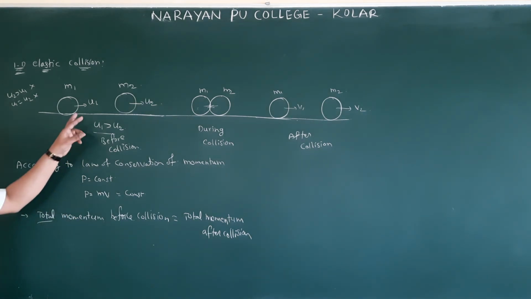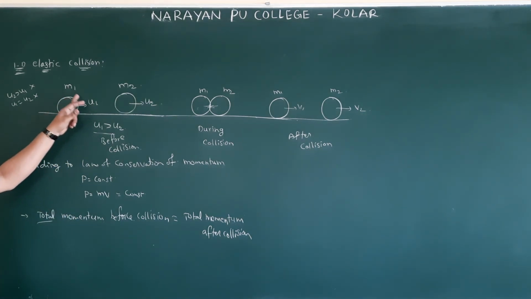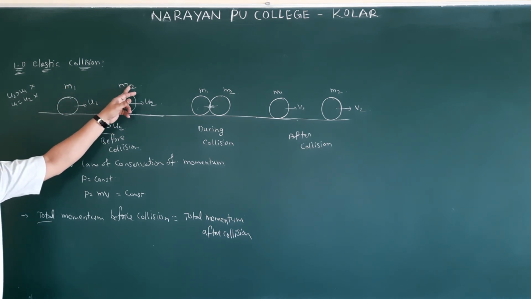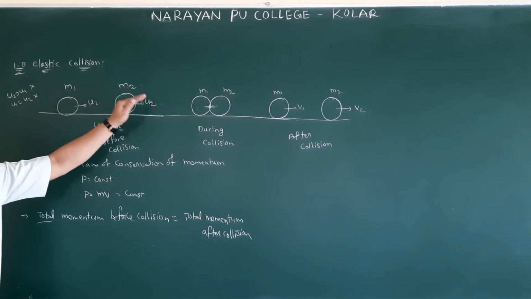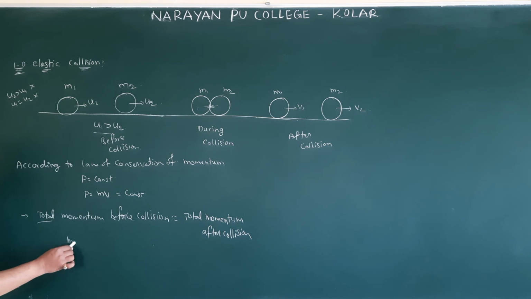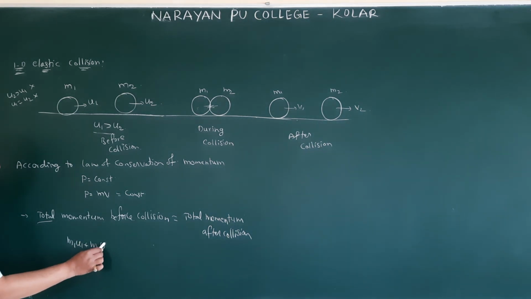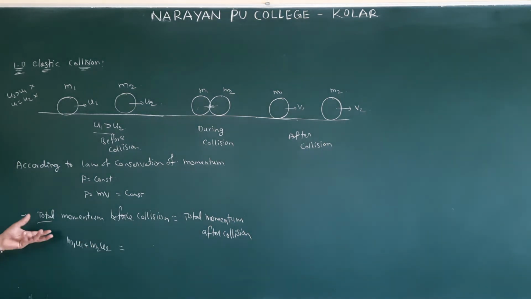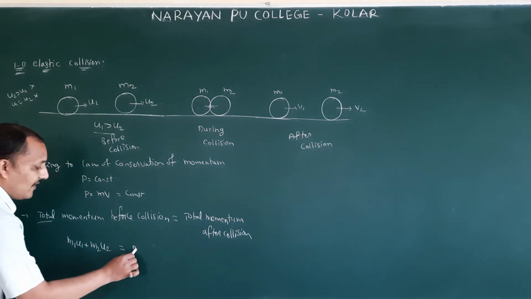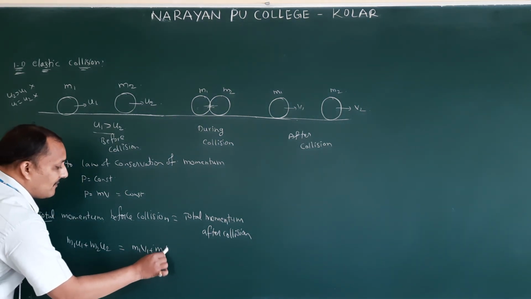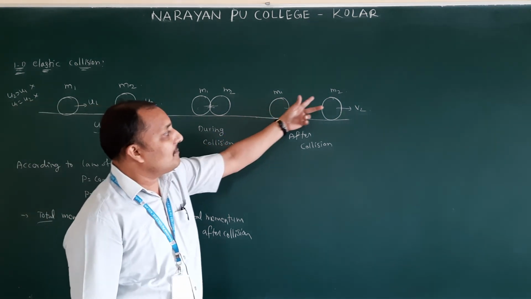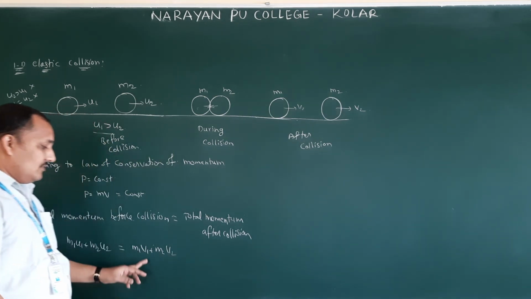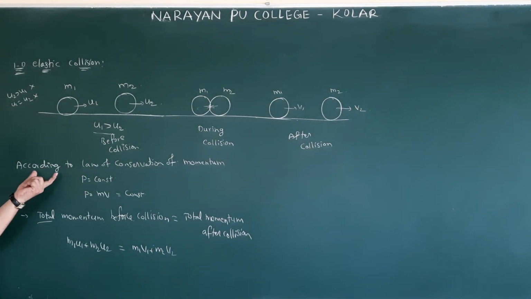Product of mass and velocity: m1 u1 is this object's momentum, and m2 u2 is this object's momentum. Therefore the total momentum is m1 u1 plus m2 u2. This is before collision. After collision, the momentum is m1 v1 plus m2 v2. So this is the equation according to the law of conservation of momentum.